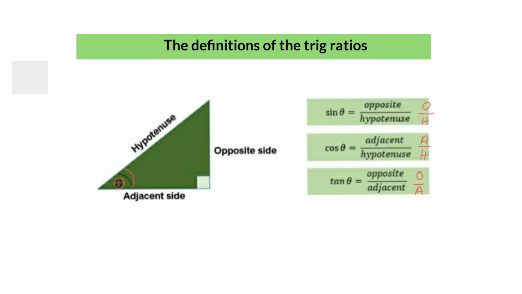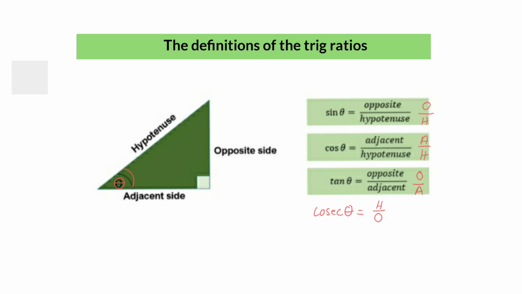Now these are 3 of the 6 ratios. The other 3 ratios are formed when we take the reciprocal of the current ratios. So the inverse of sin is going to be equal to H over O. Instead of O over H, which you took for sine, you're going to take H over O. That's a reciprocal function, and that is called cosec theta.